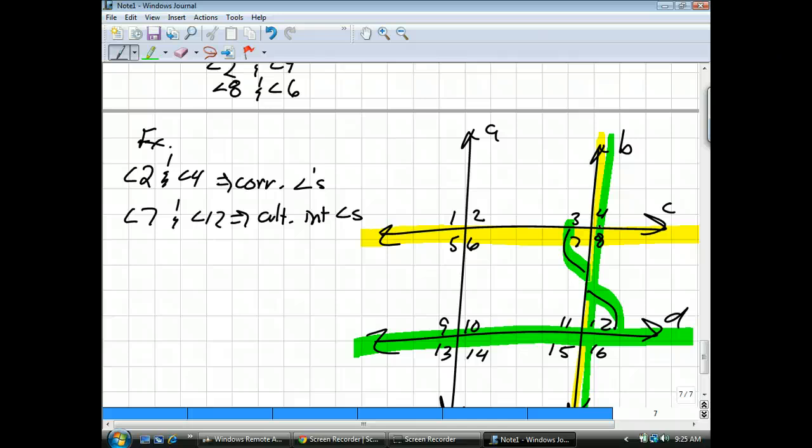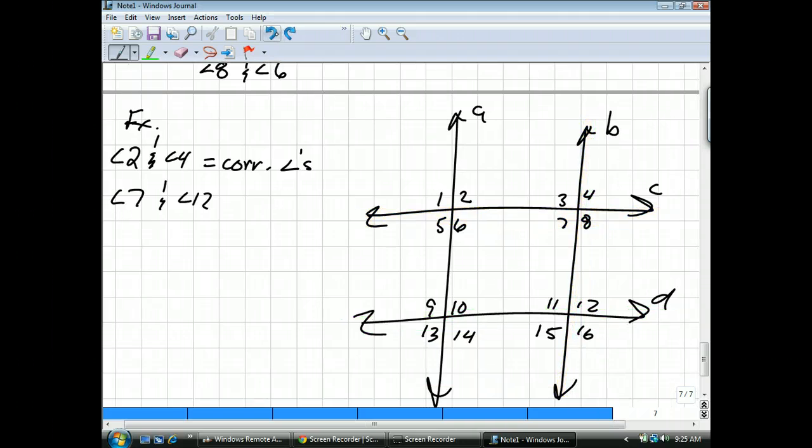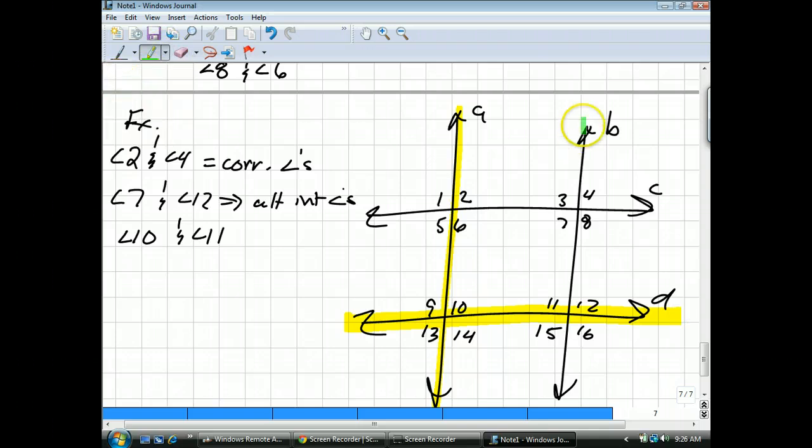How about, let me get rid of the colors here. So these were alternate interior angles. How about angle 10 and angle 11? So again, the key is identify what makes up those angles. Angle 10 is made up by this line and this line. Angle 11 is made up by this line and this line.